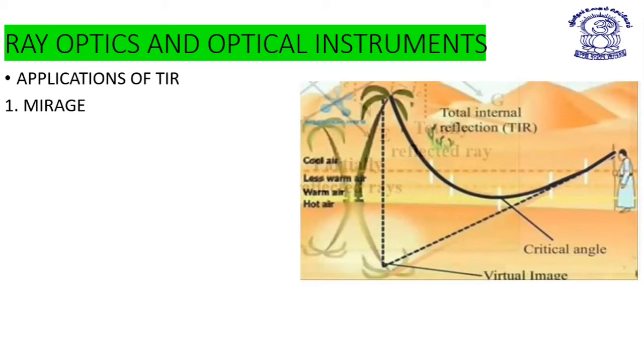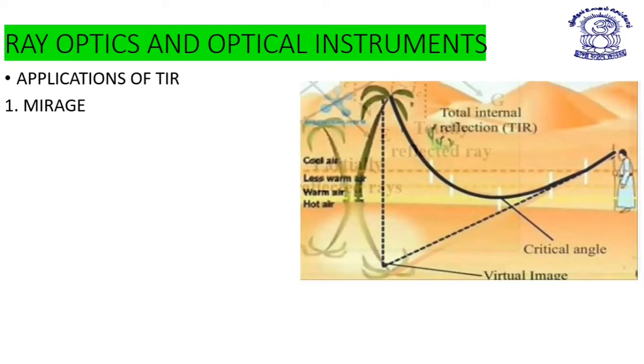Mirage is an optical illusion observed in desert on hot summer days, due to which a person sees a pond of water some distance ahead of him, in which the surrounding objects appear inverted. It is due to the total internal reflection. This effect can also be seen on road in hot summers, that you will feel there is water on the road.